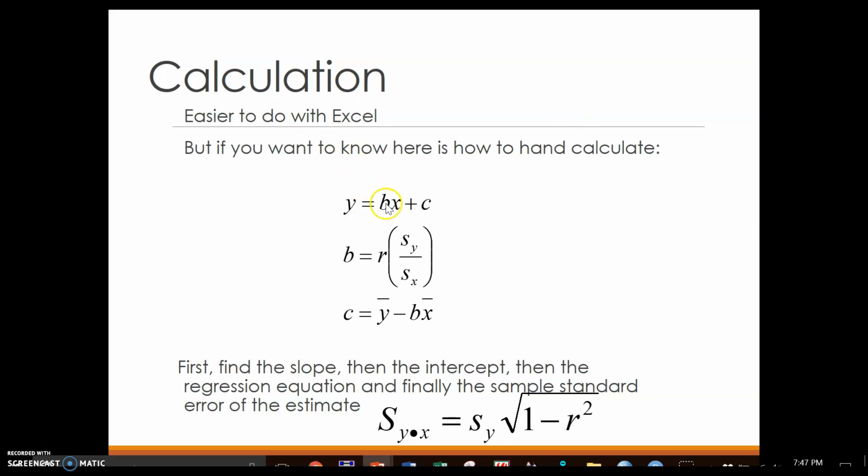So we have y equals bx plus c. b equals the correlation coefficient times the standard deviation of y over the standard deviation of x. c equals the mean of y minus b times the mean of x.